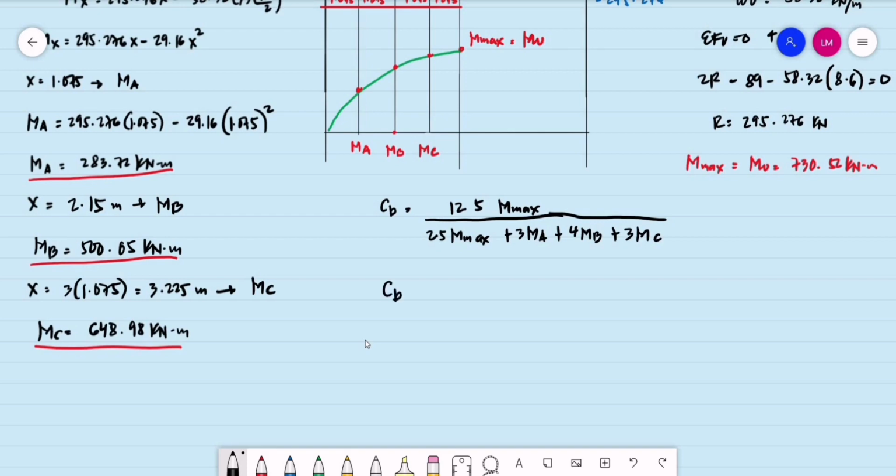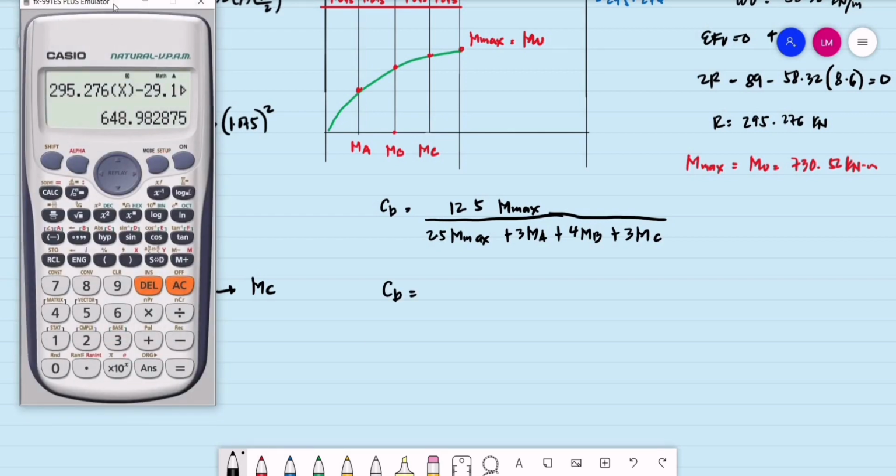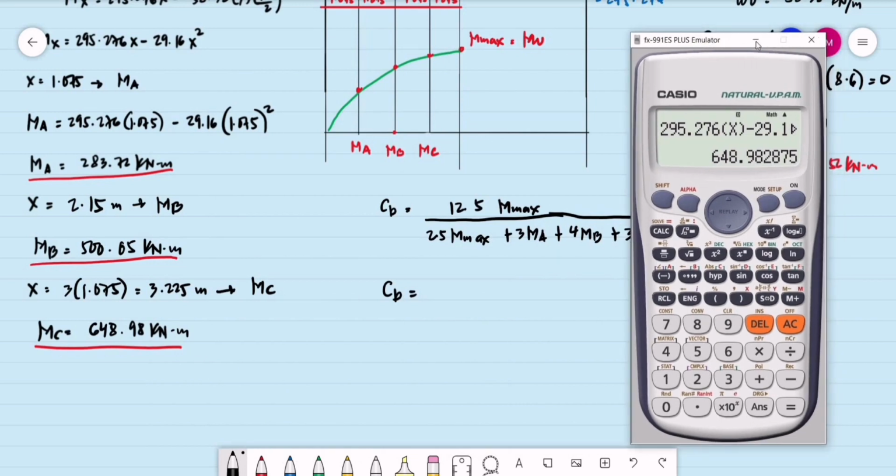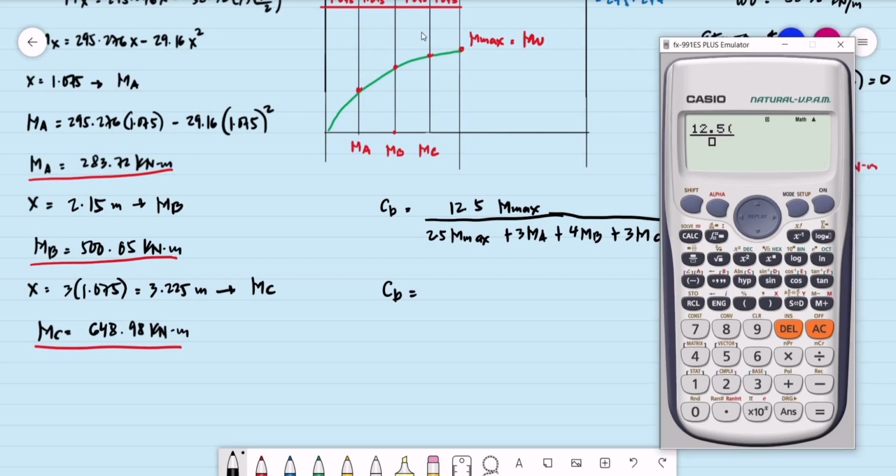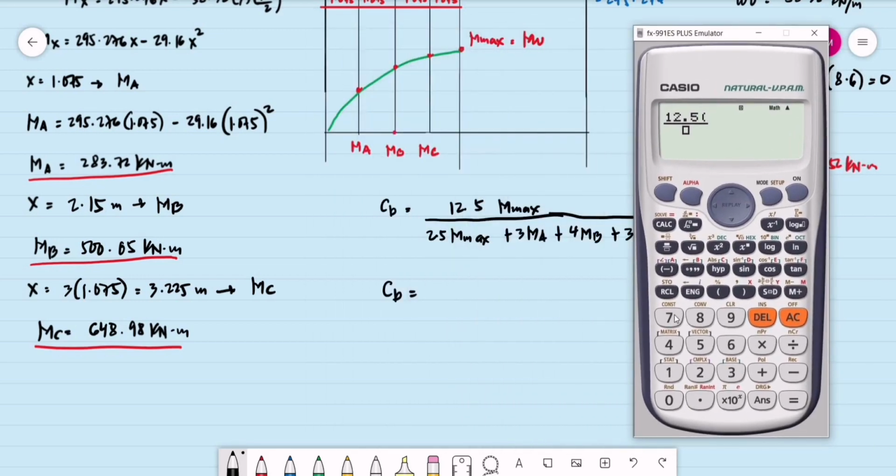We have the value of C sub B equal to, in our calculator, 12.5 of M max. What is our M max? It's 730.52.